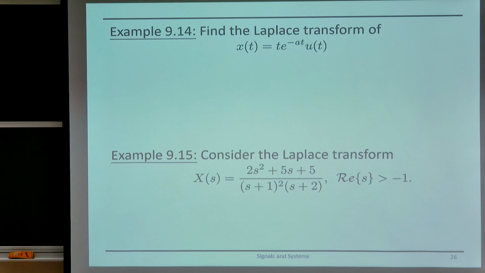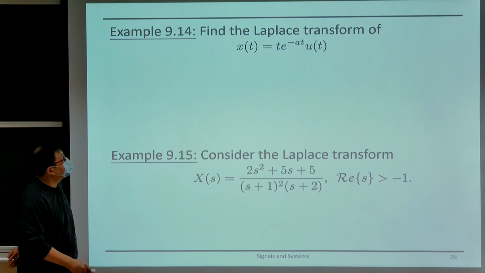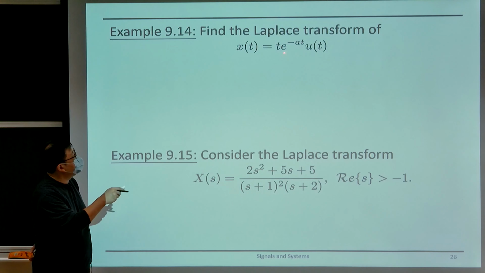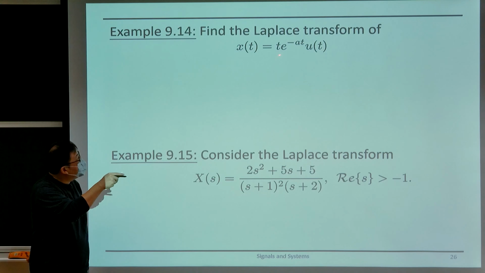Suppose you're asked to find the Laplace transform of x of t equal to t times e to the minus at times u of t. This seems a little bit difficult because we haven't really done something like this before, but we do know the Laplace transform of this part of the signal.